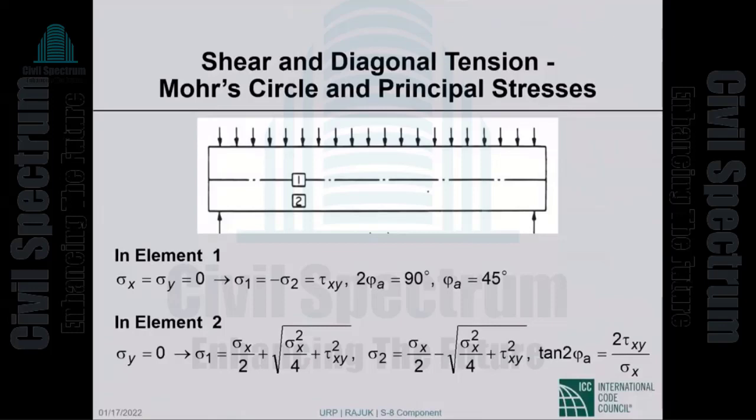Okay, so now we are back to a beam under uniform load, simply supported. We have taken an element 1 at the neutral axis. We have taken an element 2 that is basically at the bottom of the beam.